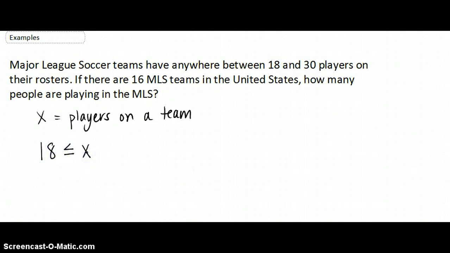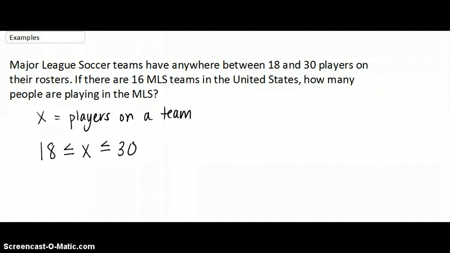That's the smallest number of players that they can have on their game day rosters. But they can't have any more than 30. So x also has to be less than or equal to 30. So that would say our inequality, that x has to be anywhere between 18 and 30. It can equal 18 and it can equal 30, but most of the time it's probably somewhere in between.